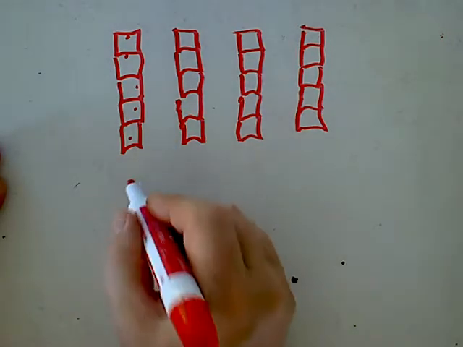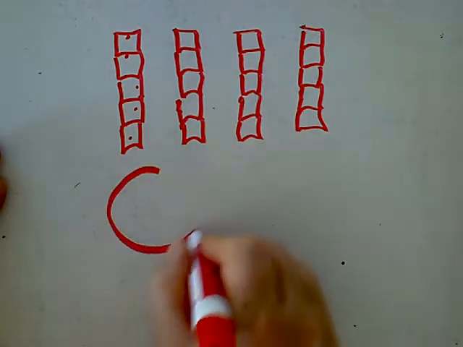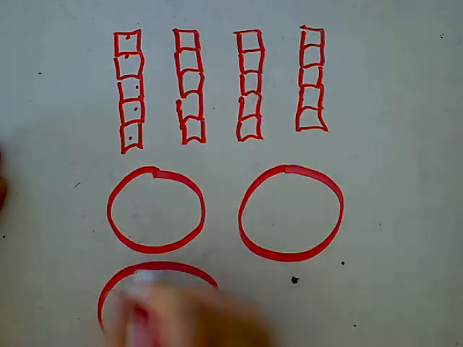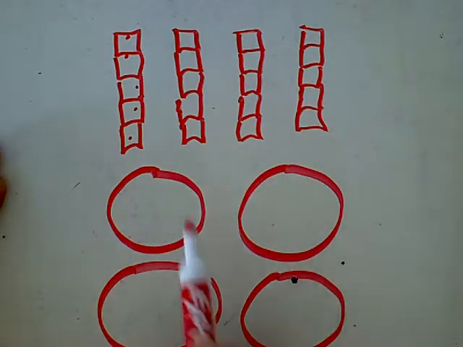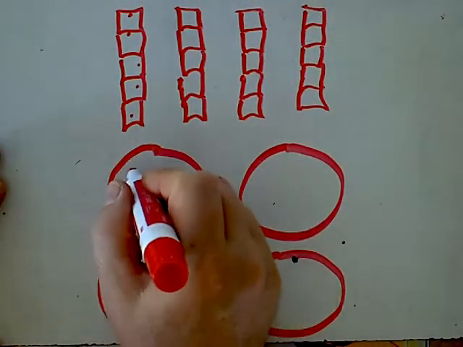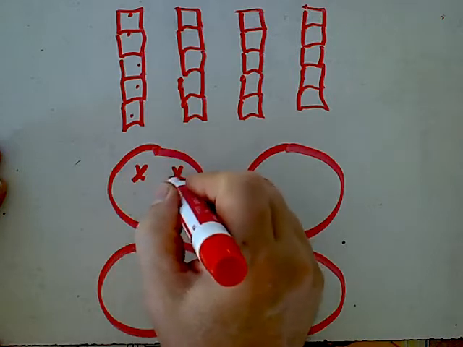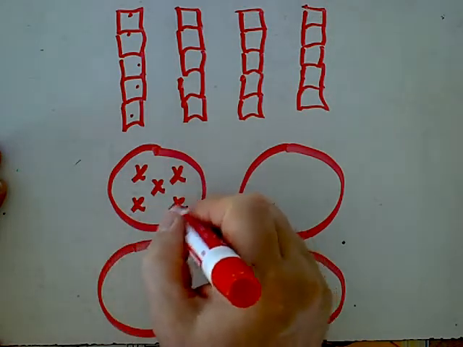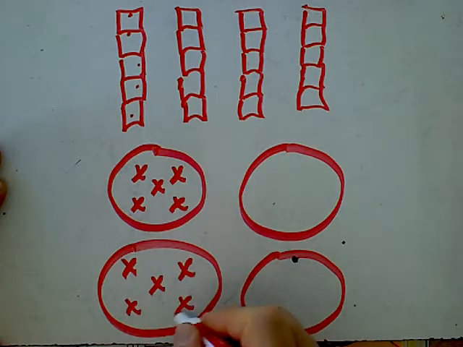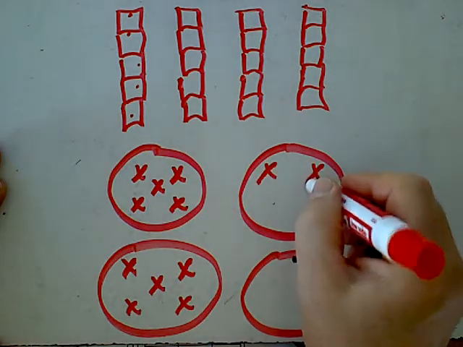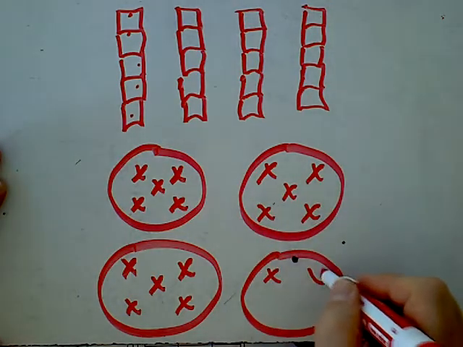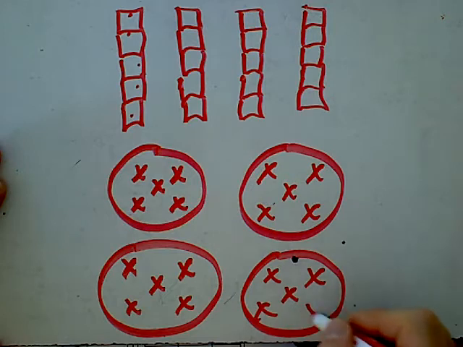Now, if I didn't want to actually make the cubes, I could do this. Here's one group, and this is kind of how we did it the other day, if you remember. There's my 4 groups, 1, 2, 3, 4. And I have to put 5 in every group. 1, 2, 3, 4, 5, in each group.